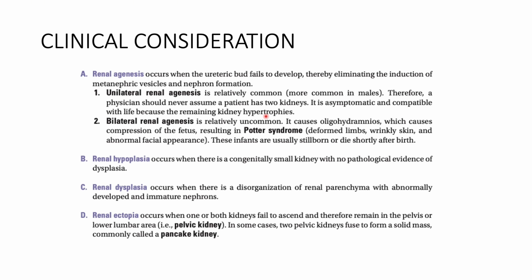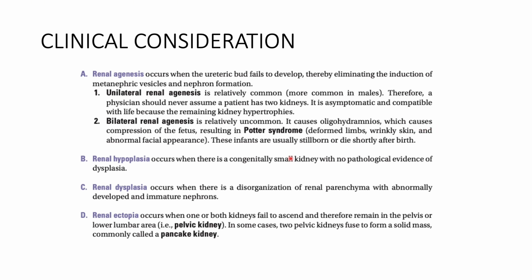You should always check. You may also have bilateral renal agenesis. It's relatively uncommon compared to the unilateral one, and it causes oligohydramnios. Remember, we talked about polyhydramnios.